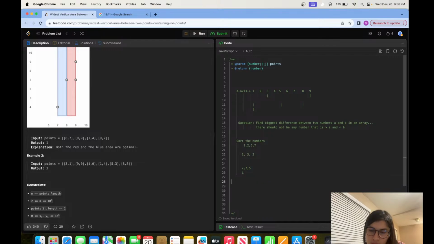It is not difficult, but the time complexity will be too much, because for every number I need to check. For 2 7, I need to check. If it is 7 5, I need to check again.